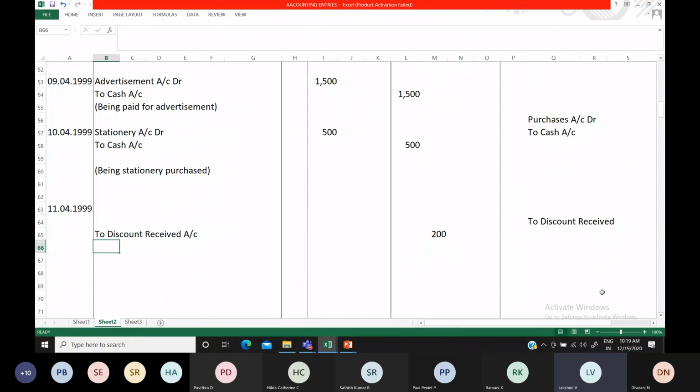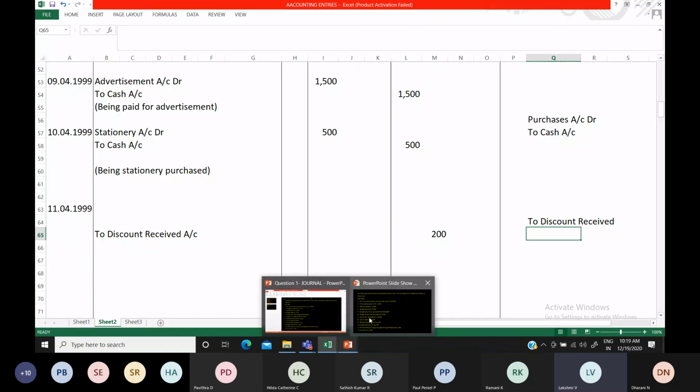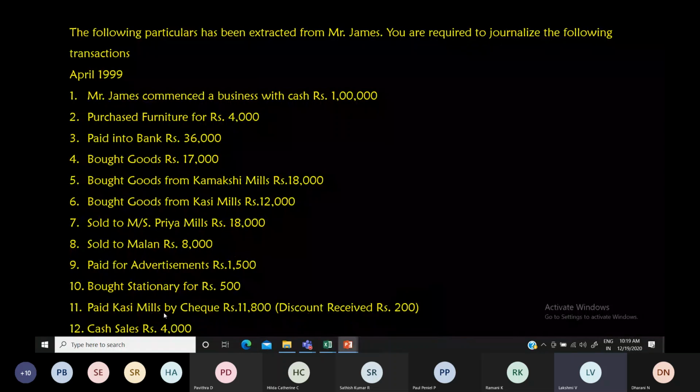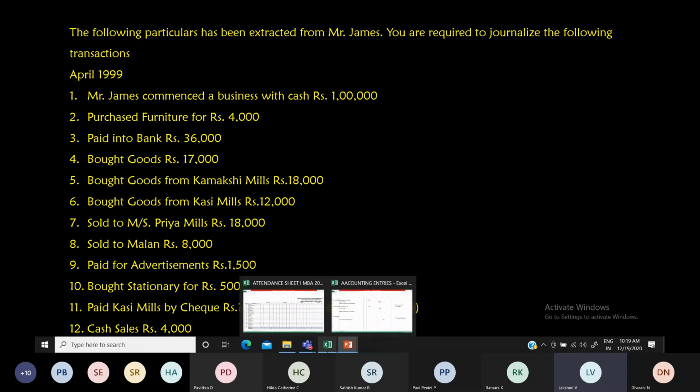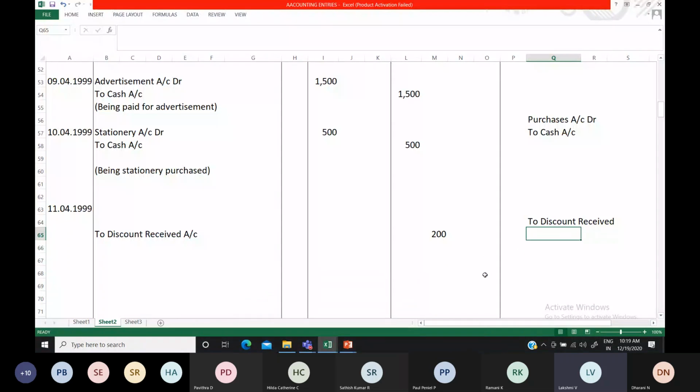Now usually what will happen? If in our question you see paid Kasi Mills rupees 11,800, what we will do is we just pay, so we mention cash account. But here they have made payment through check.